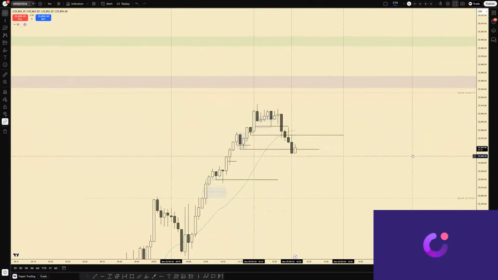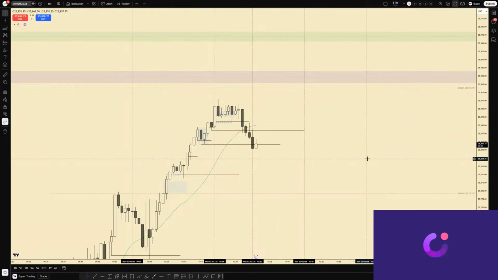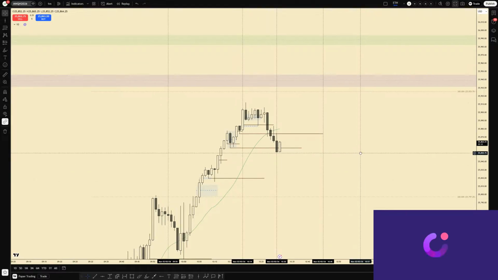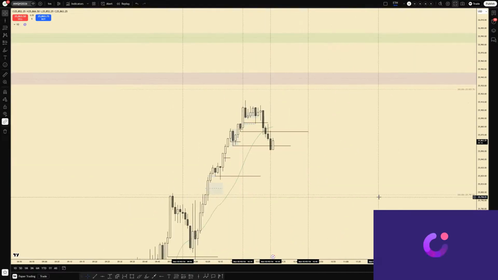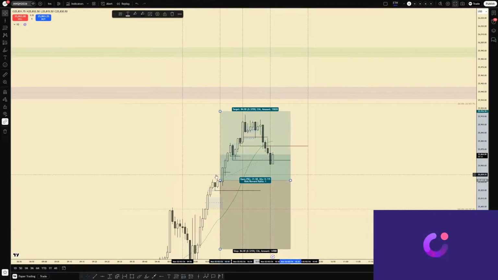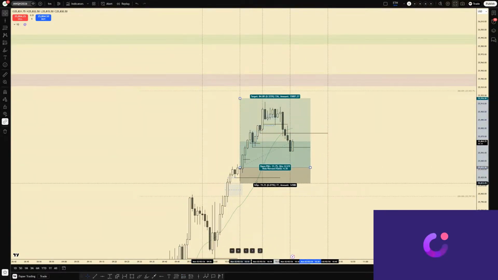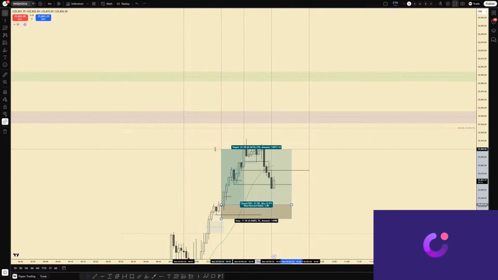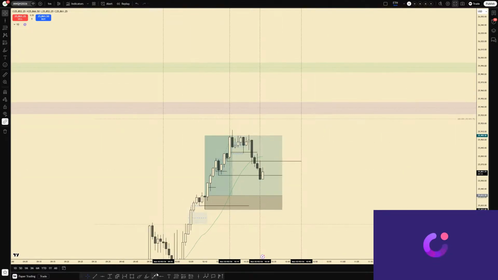I don't like to stay in drawdown because I believe there is a certain risk in carrying a position too. What I'm trying to say is, let's say we took this long position, right? Let's say price is going to do that, and then it will go higher.